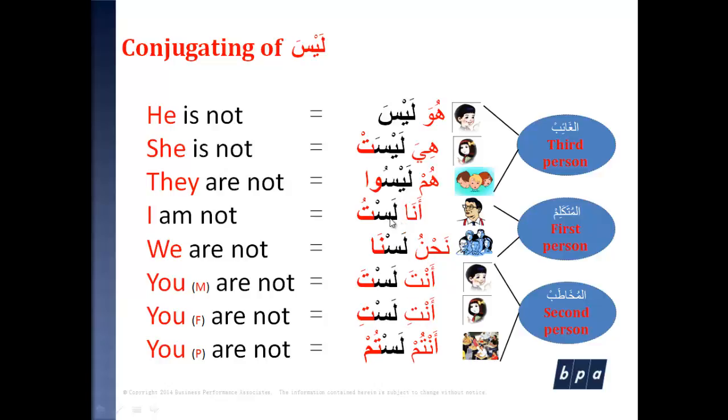That's because the seen has to take a sukoon, and if the ya stayed before the seen with another sukoon, it would become harder to pronounce. So for ease of pronunciation, the ya disappeared from the first and second person conjugations.